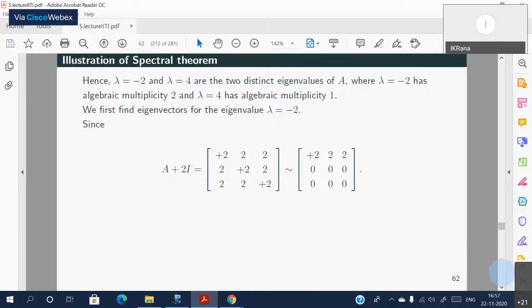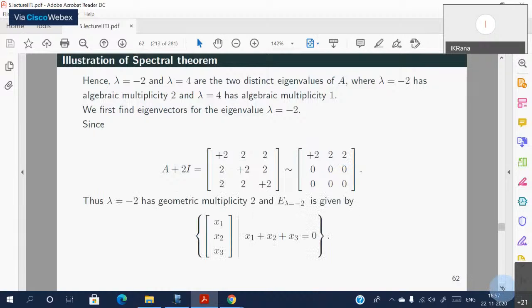That can be found by giving the free variables values 0 and 1, 1 and 0. Here the pivotal variable is the first one, so you give one free variable 0 and the other 1 and compute, and the next time give the first 0 and the other 1 and compute, so you'll get two linearly independent eigenvectors.